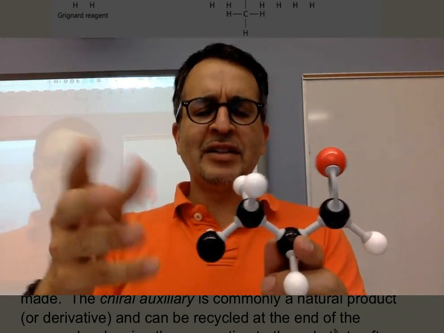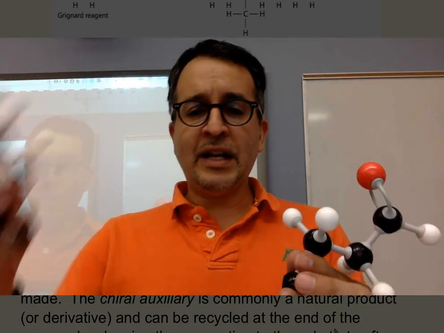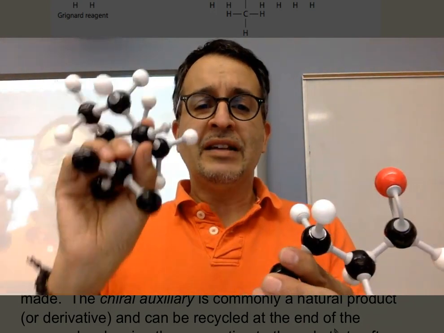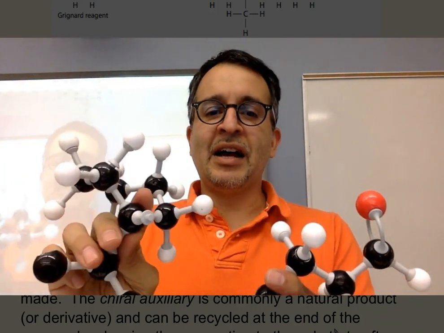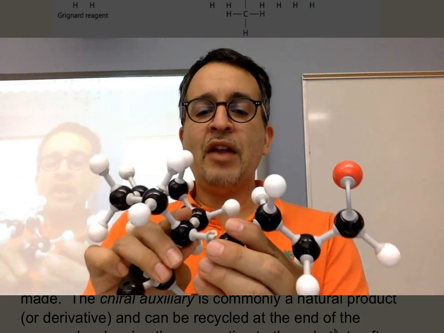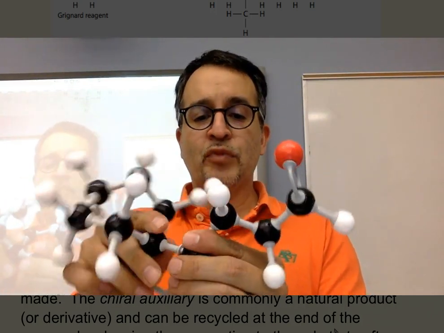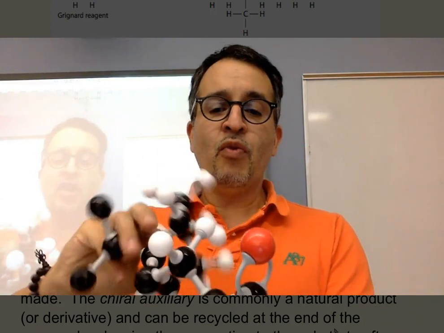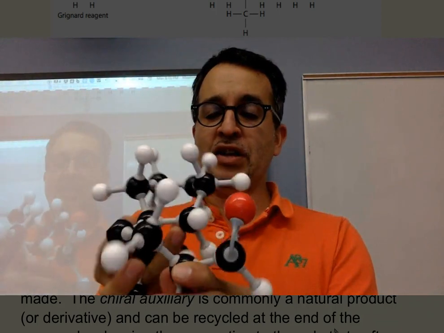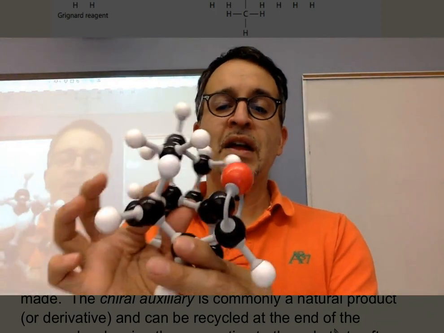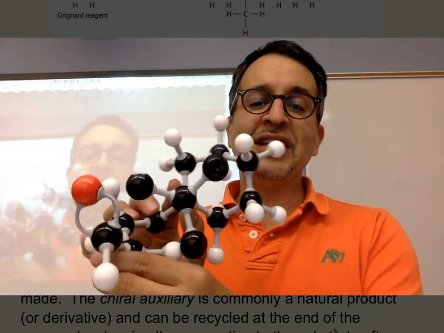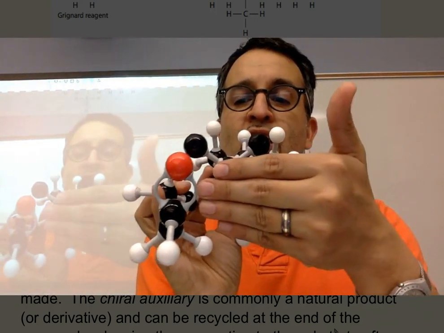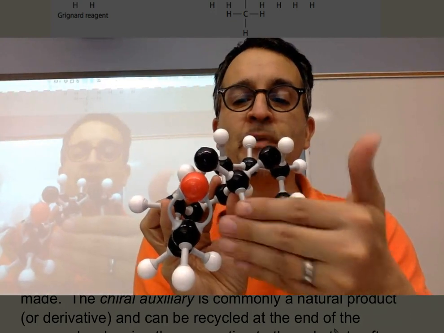Now, I am simplifying this a little bit, but if we bring a chiral auxiliary, some type of large molecule that normally is a natural product, and we added it to form a particular enantiomer, and only one enantiomer, what this may do, depending on its rotation, and let me get it rotated properly, if we have it on this side, it makes it very difficult for addition to happen in this direction.